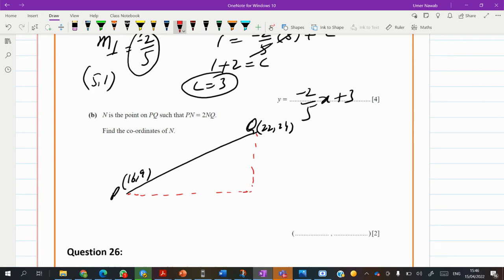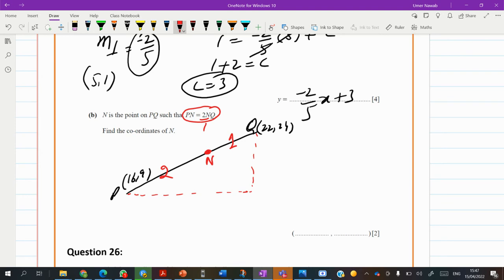I will tell you why I'm making a triangle, because the guy is asking you the coordinates of a point which covers 2 times the distance from P as compared to the distance from Q. So look at that: PN is equal to double NQ, so I can write it as 2 over 1 of NQ.